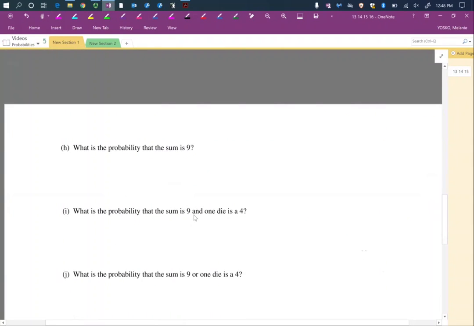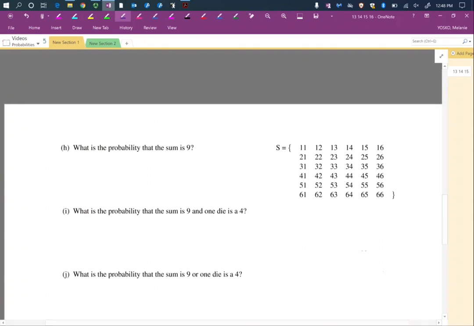What is the probability the sum is 9? Okay, well, how do you find sums? Sum is 9. Let's start adding up numbers. Well, how many things add up to 9? Well, I know 1 and 8, but there's no die that has an uppermost number of 8. 2 and 7, again, no 7s. What about 3 and 6? 3 and 6, let's highlight that. 3 plus 6 is 9.